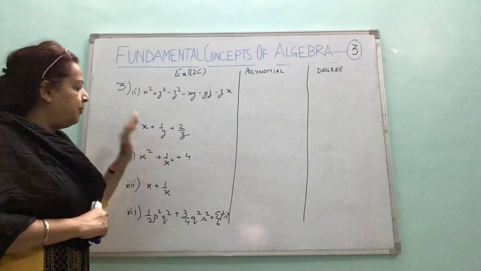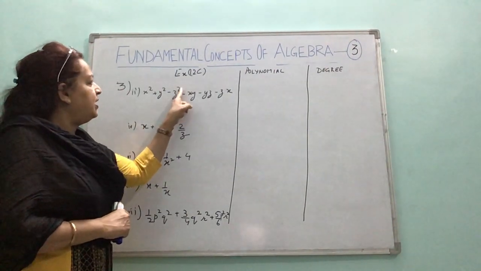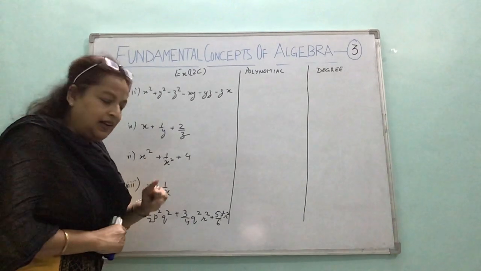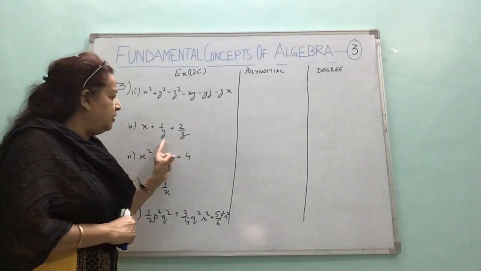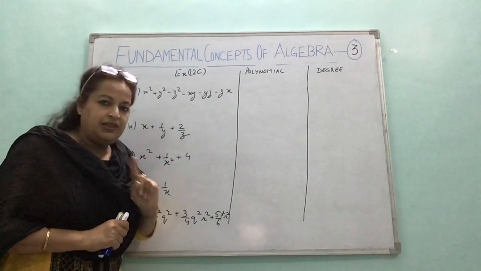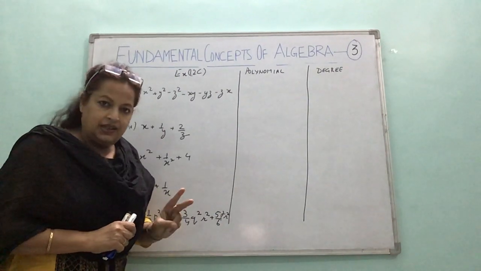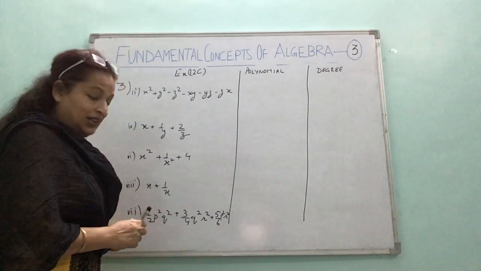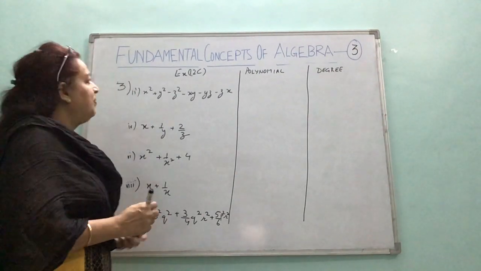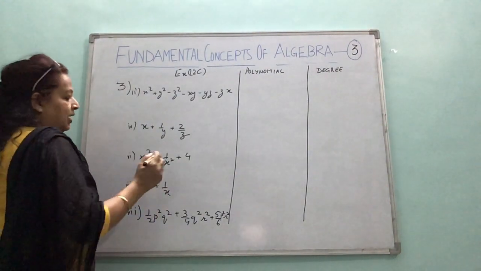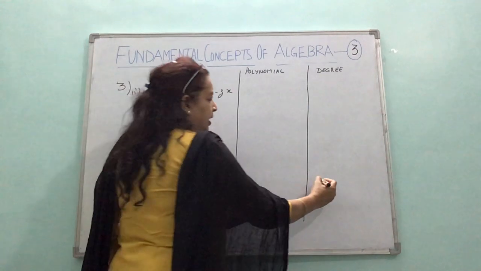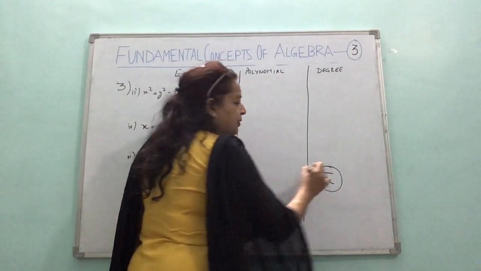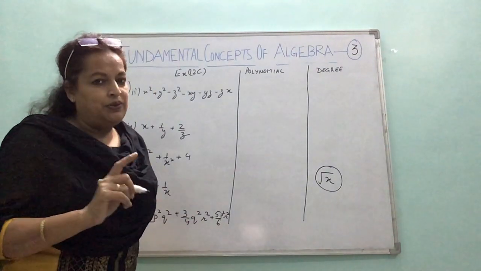So for a polynomial, first of all, see that the power should not be negative, one condition. And second, if the alphabet is in the denominator, that is the second condition. And one more condition is there. I'll just write it here for you all. The third condition is, if the alphabet is under the root sign, then also it is not a polynomial.